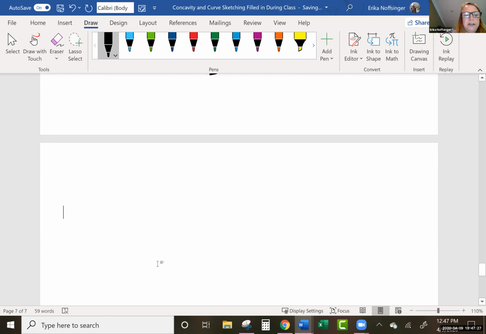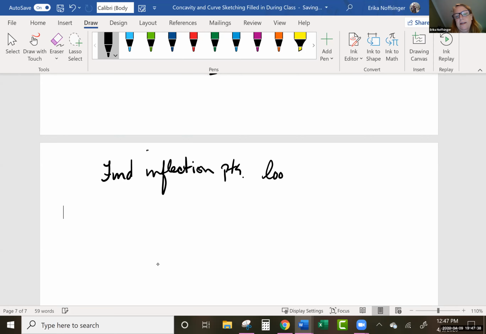So to find the inflection points, we're going to look at when the double derivative of y is equal to 0.